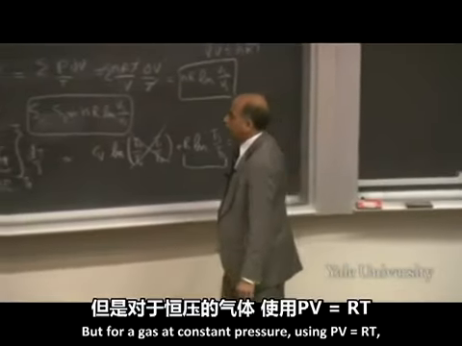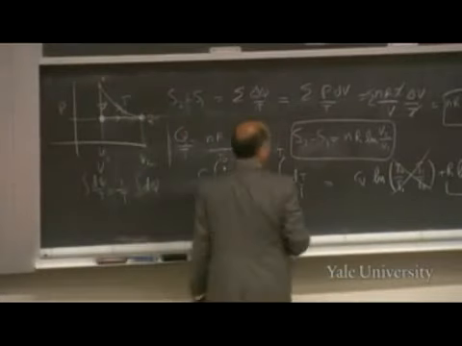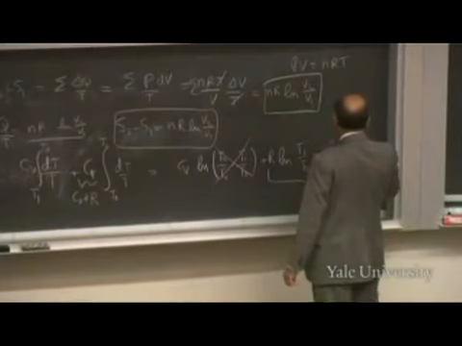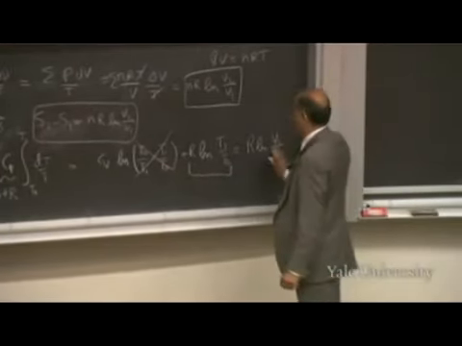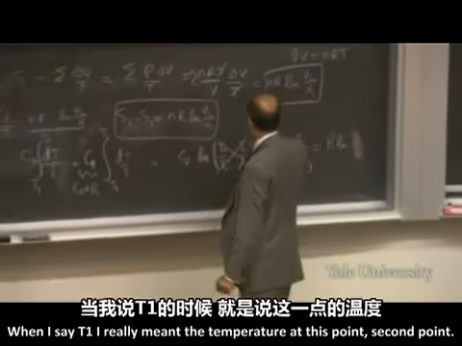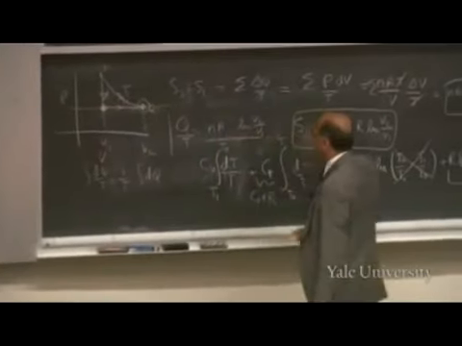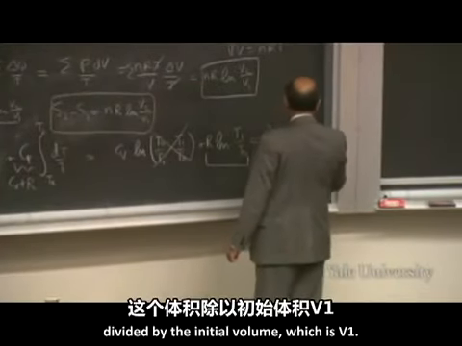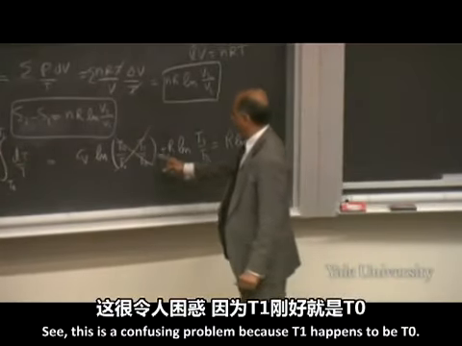But for a gas at constant pressure, using PV equal to RT, this ratio of temperature is also the ratio of the volumes. So this one, I'm sorry, I should write it more carefully. When I say T1, I really meant the temperature at this second point. So that temperature over this temperature is also that volume divided by the initial volume, which is V1. See, this is a confusing problem because T1 happens to be T0.